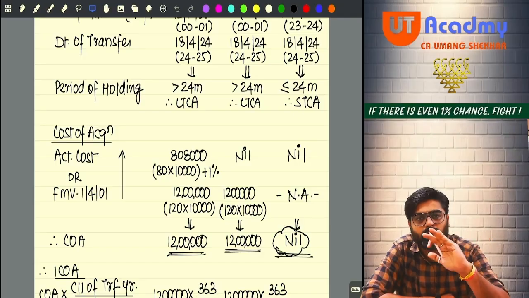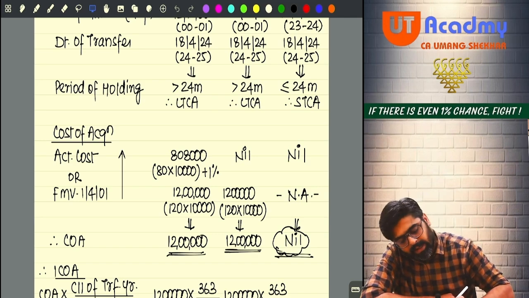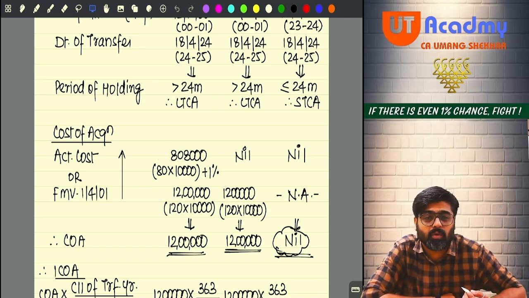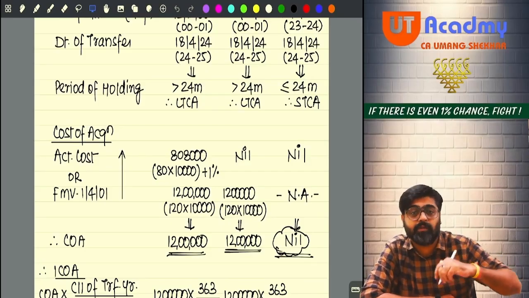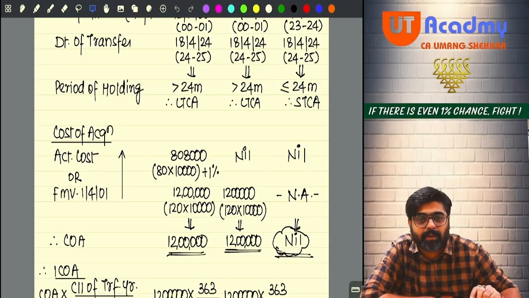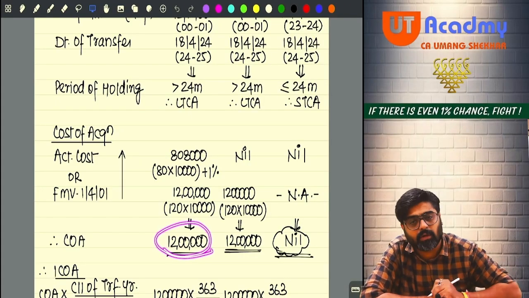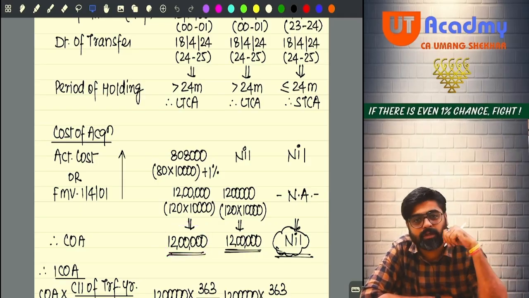So 8,08,000 or 12 lakh, you get the option to take the fair market value also as a cost if the shares are acquired prior to 1st April 2001. Which one would you take as a cost? Definitely, sir, 12 lakh you will take as the cost.